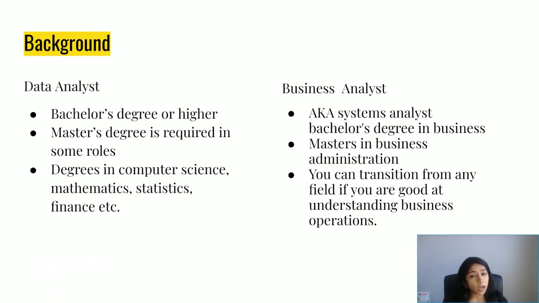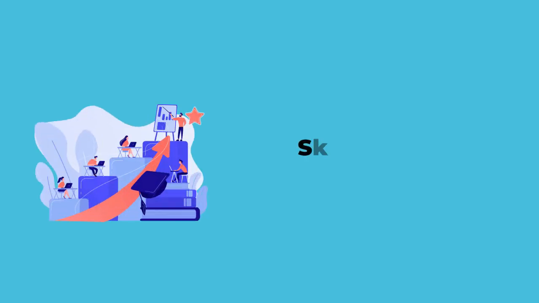So you can actually transition from any field into a business analyst, because if you are a person who is very people oriented, with good communication, you can work with people really well. So you are a person who is more inclined towards a business analyst kind of role.